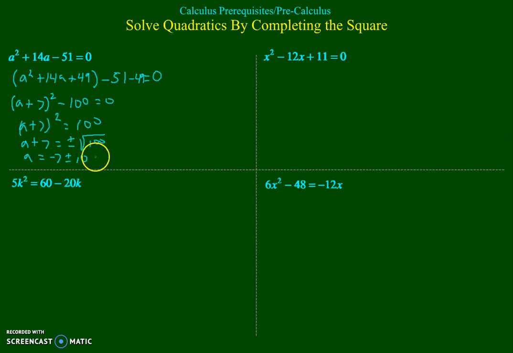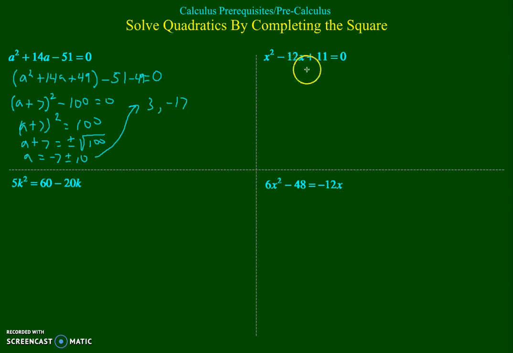And this gives us -7 plus 10 is 3, and -7 minus 10 is -17. Now you may remember this problem when we were solving quadratics by factoring. We worked the same problem and got that same value.